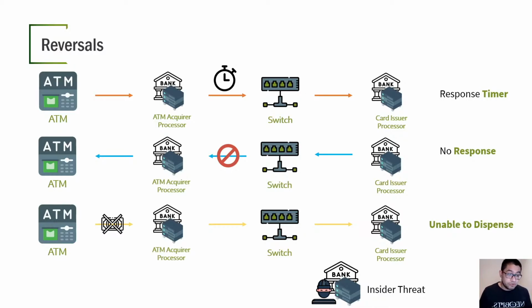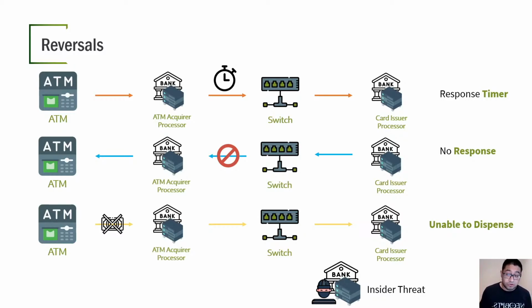In the second example, it's not because of the timeout, but because, for example, the card issuer processor responds to that authorization and sends the response to the ATM, and at some point in the switch or wherever the response doesn't arrive at the ATM. That could also make a reversal happen.